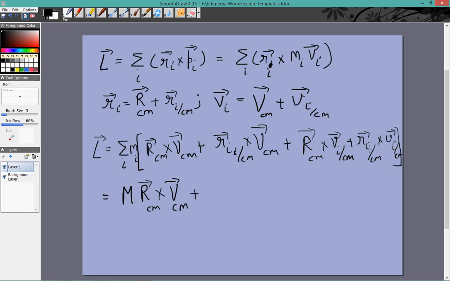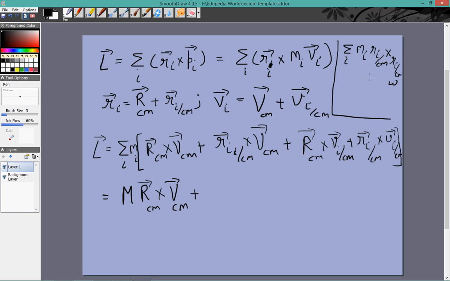The last term will be RiCM cross ViCM. So it will be summation i Mi RiCM cross, now ViCM I can write as omega times RiCM, right? Because V is equal to omega r. And again we see the same property that omega is constant for all of them, right?